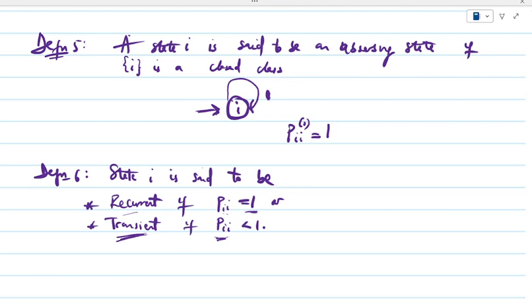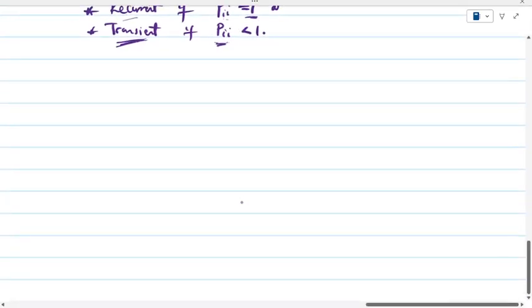You have to take note of that. In our next video, we'll be checking other types of classification of states. But before then, let's check one example in order to drive this concept better.